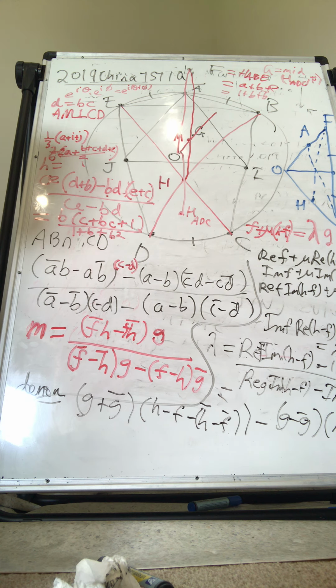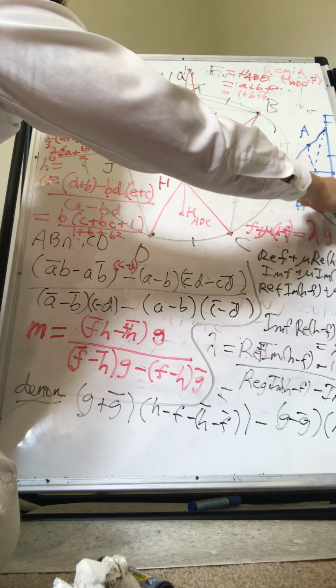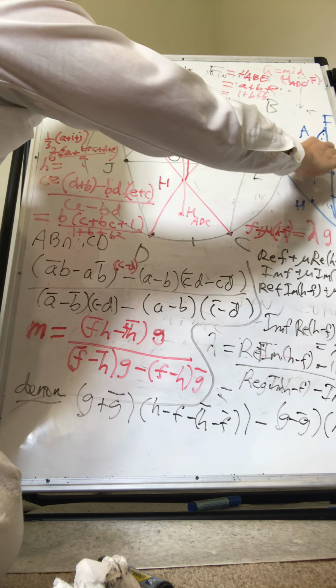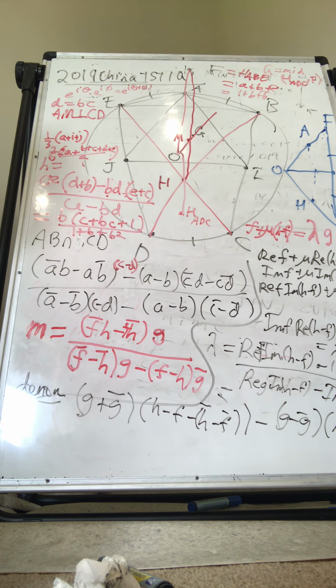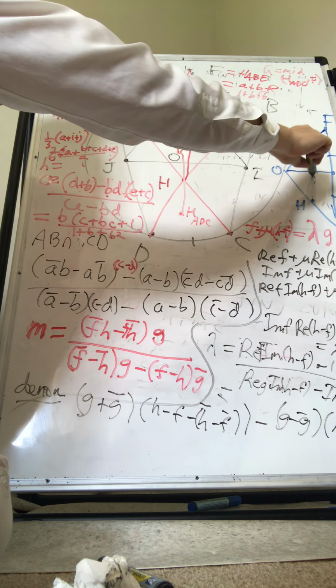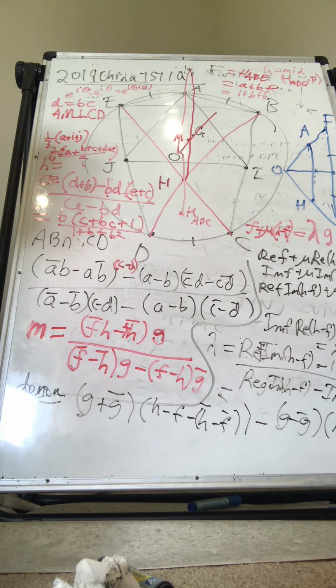And so I had a little bit of a hint for this. Can you see that? If I'd drawn the diagram better, I probably wouldn't have needed the hint. If you drew the diagram well, you might be able to see that AH is parallel to FH, ADC.